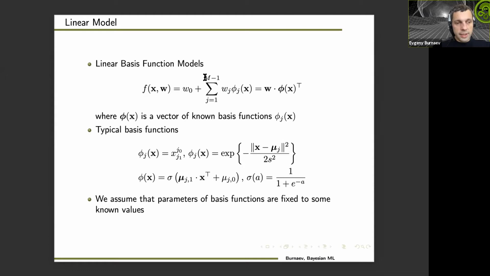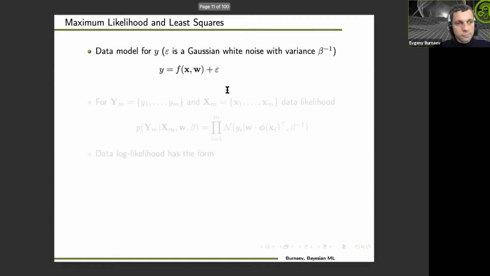So we can select M to be quite big, but if many of the coefficients W are zero, then it's okay if M is big. And the question is how to achieve this. We can achieve this by imposing some regularization on coefficients W.